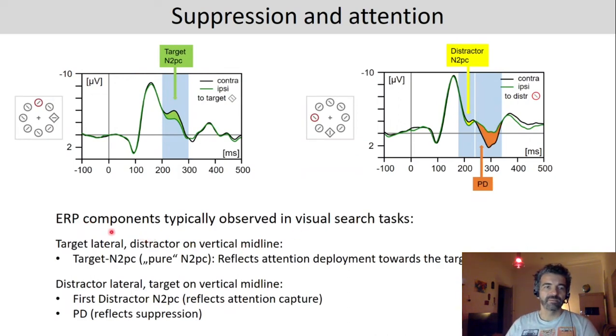To summarize the ERP components typically observed in a visual search task, when you have a lateral target and the distractors on the vertical midline, like here, you would find the pure target N2pc that reflects attention deployment towards the target and nothing else. If the distractor is presented laterally and the target is on the vertical midline, you would normally see a distractor N2pc first, here, and then a PD. And the PD reflects suppression.